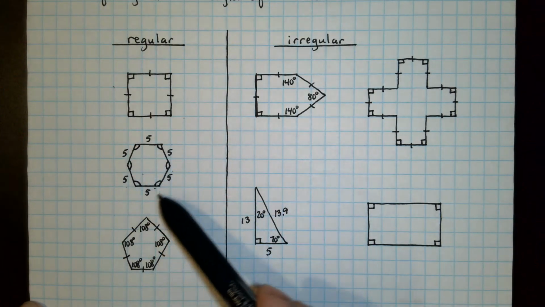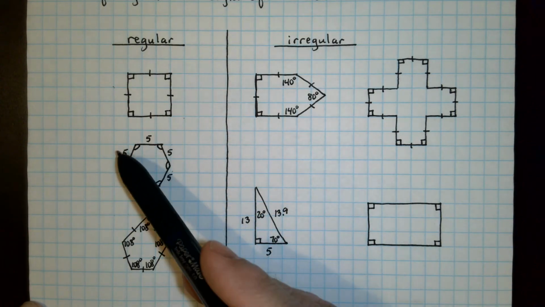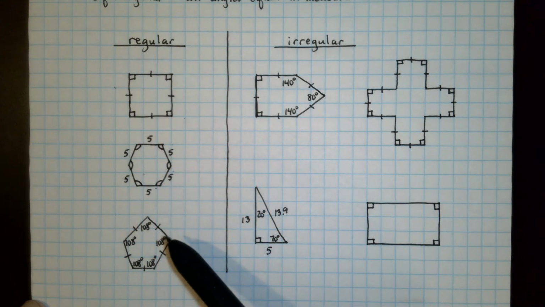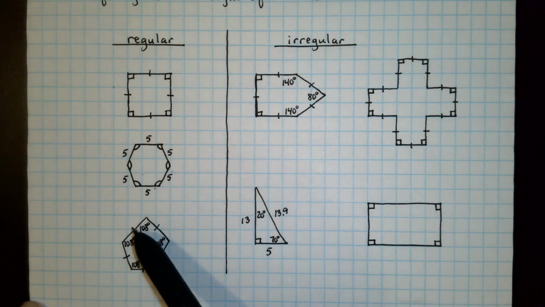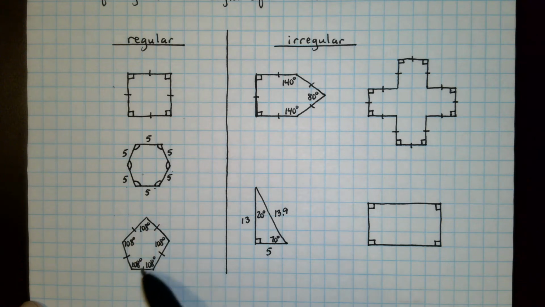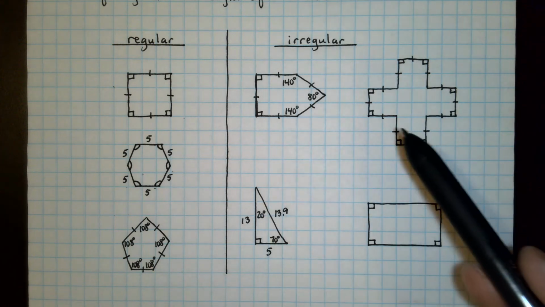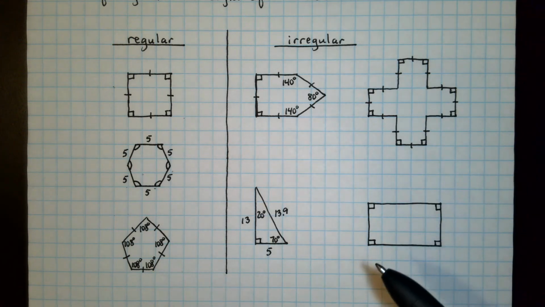On this one, all the angles are marked the same way, but the sides have measures, numbers for their length. And then here we have the sides with the marking and the angles with the values. Any combination of that, as long as all the angles are the same and all the sides are the same, then it's considered regular.